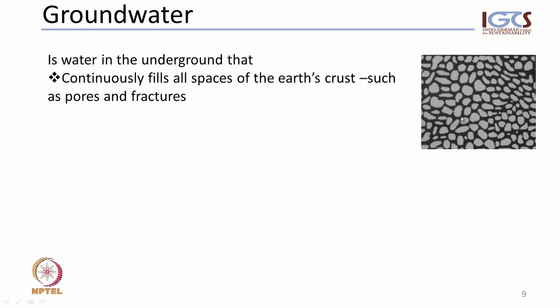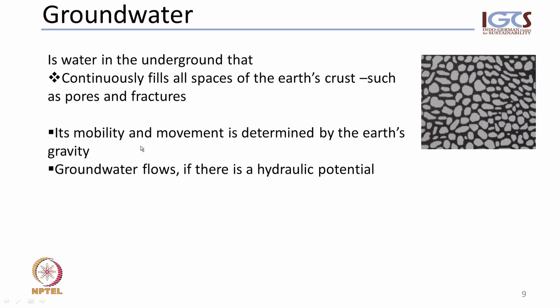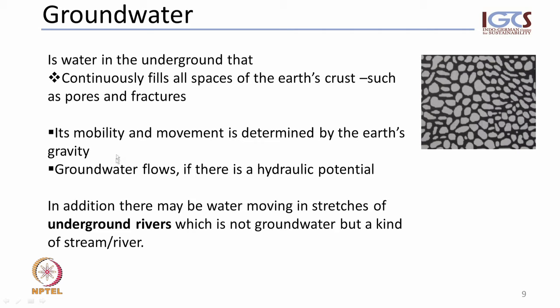We have particles composed of various minerals here, and then the spaces in between, those dark spaces, would be filled by water. The mobility and movement of the groundwater is determined by our Earth's gravity, and any flow occurs whenever there is a hydraulic potential. I don't want to go into more detail about this, as it's not relevant right now.